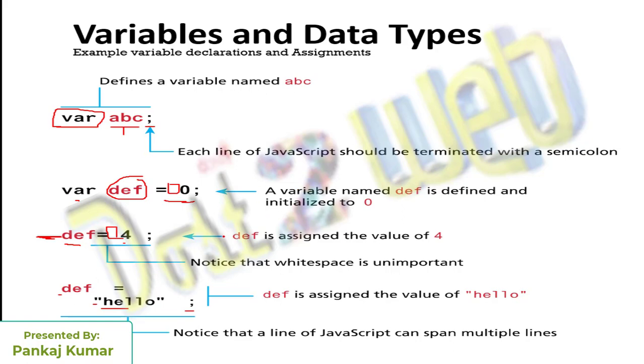But people write it in one line because it is easy to remember and define. This is the way we define a particular variable. So simple. It is the same as int, we are just replacing it with the var syntax. So you will always remember that var means variable.